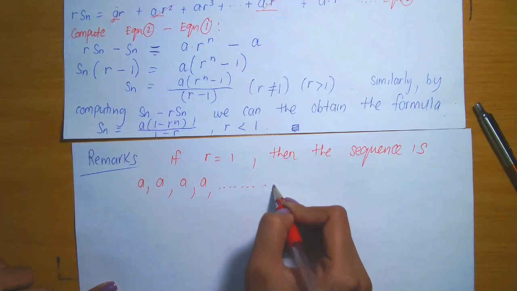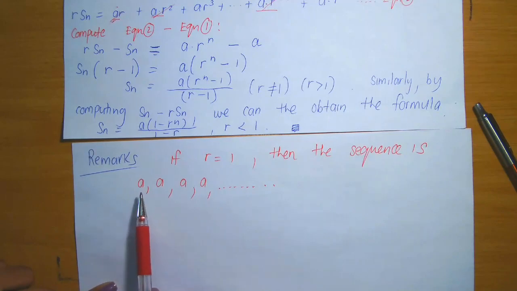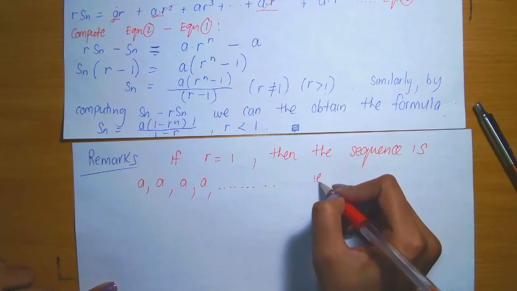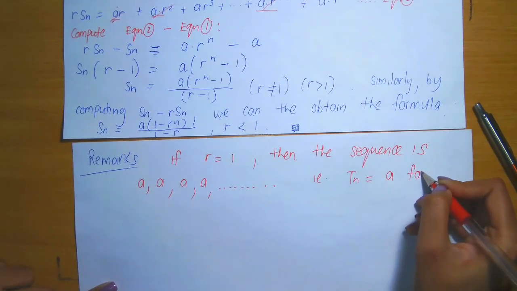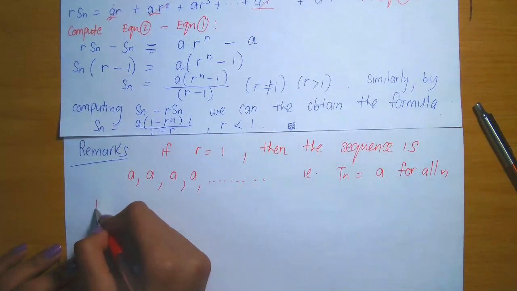So that means in any sequence where R equals 1 is your common ratio, then that sequence is simply the list of the first term constantly. So it's a constant term for each Tn, meaning that Tn equals A for all n. That's precisely what it is.